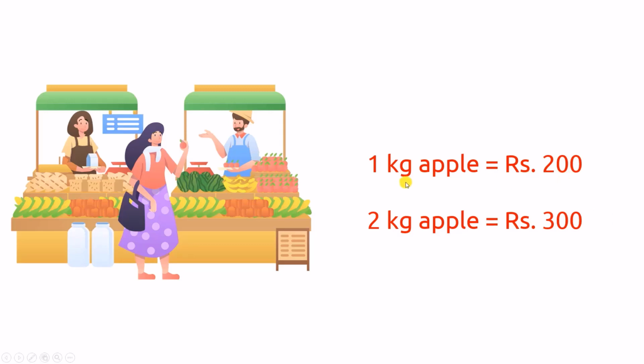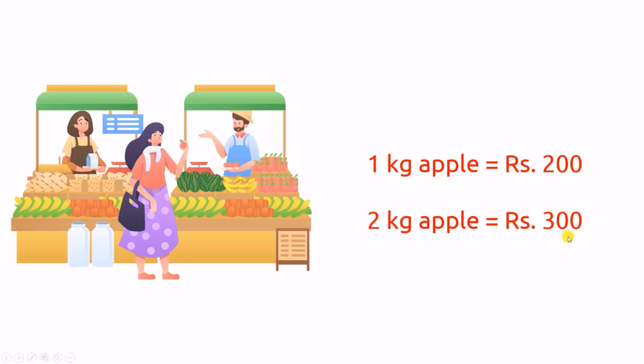But then he says if you buy 2 kg of apples, you can pay 300 rupees. That means if you buy 2 kg of apples, the effective price of a kg of apples will be 150 rupees.